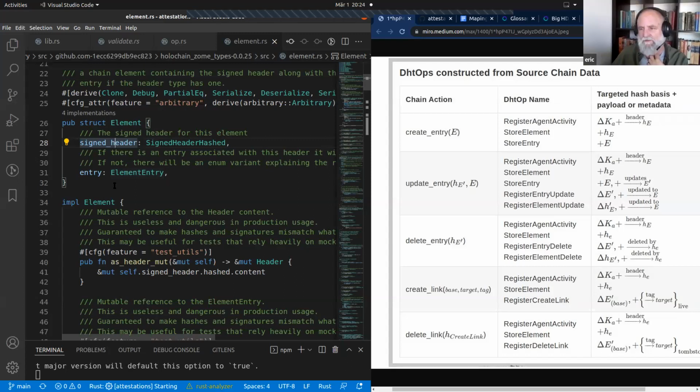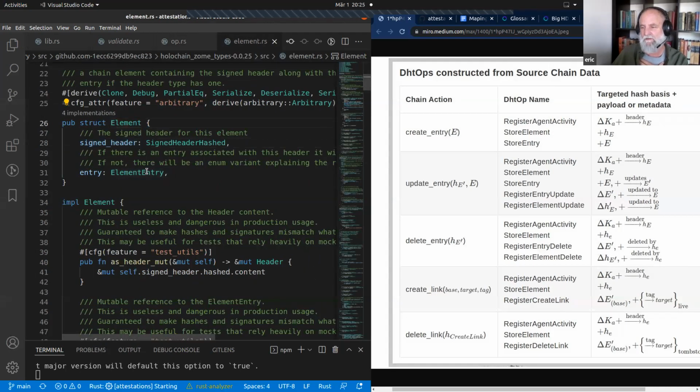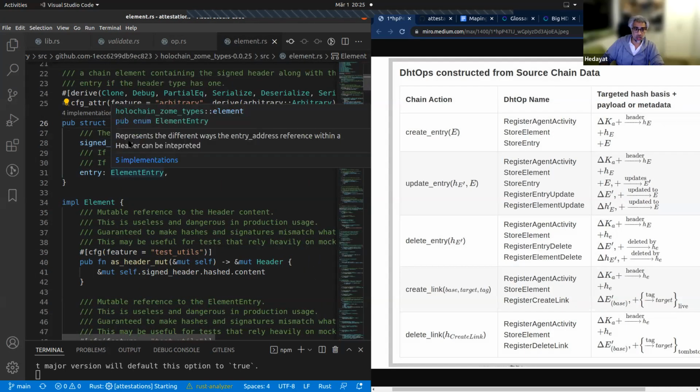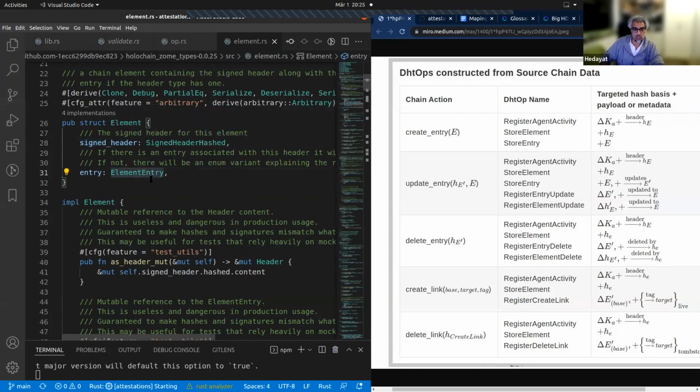So I think the difference is that in the entry case, there's actually an entry, whereas in the element case, there may or may not be an entry. And so if you look at the difference, an element is an optional entry. It's a maybe entry. Element for sure has a header, but the entry is optional.